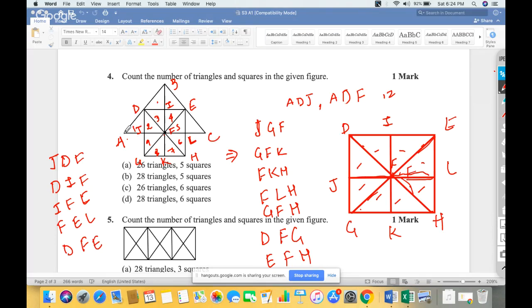If I include this, I have written here ADZ, ADF. Now I will have triangle LEC from this side, and I will have the bigger triangle here, which will be EFC.